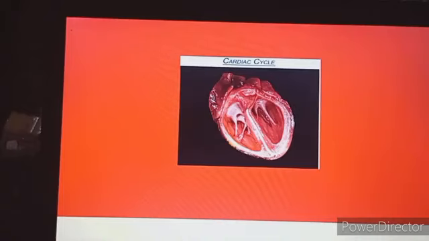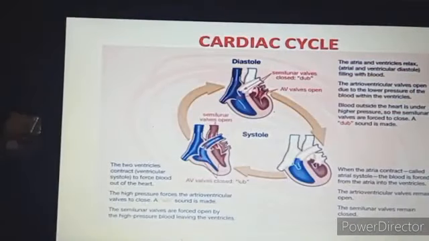All right? At first, the two auricles, that is, the upper part of the heart, contract and force blood into the ventricles.